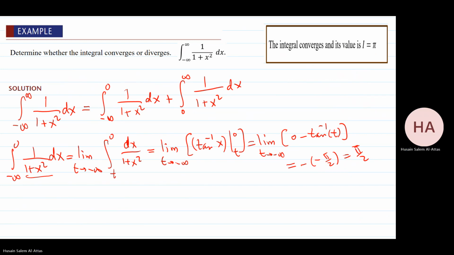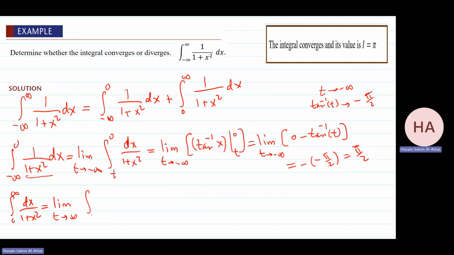As t goes to minus infinity, tan inverse of t goes to minus pi over 2. Minus minus makes it pi over 2. Now from 0 to infinity, dx over 1 plus x squared, that will be the limit as t goes to infinity of the integral from 0 to t of dx over 1 plus x squared.